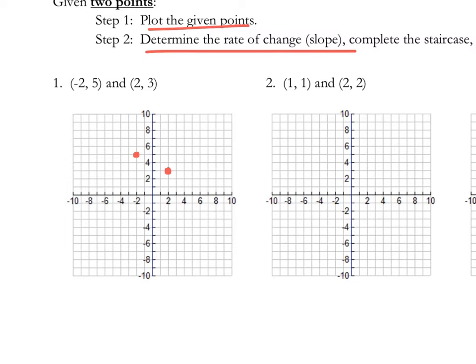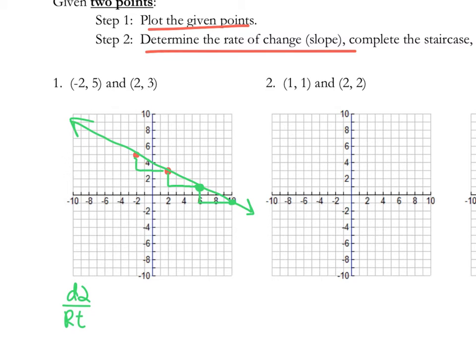So what I can see is that the slope is down 2, right 4. And if I want to continue that, I can. Down 2, right 4. Ta-da!